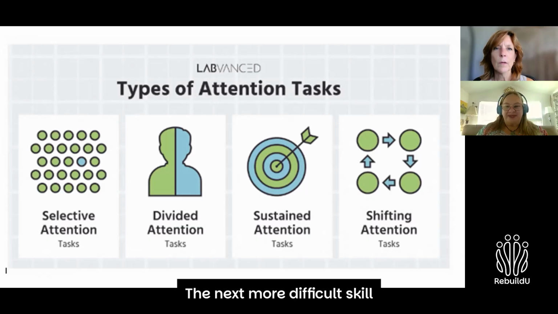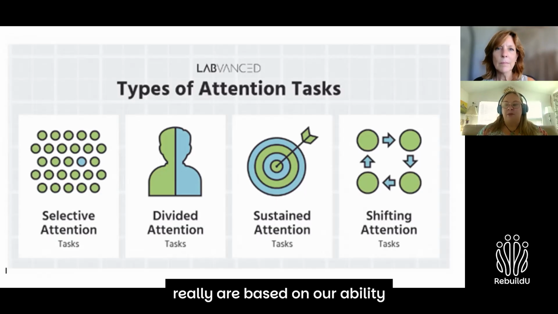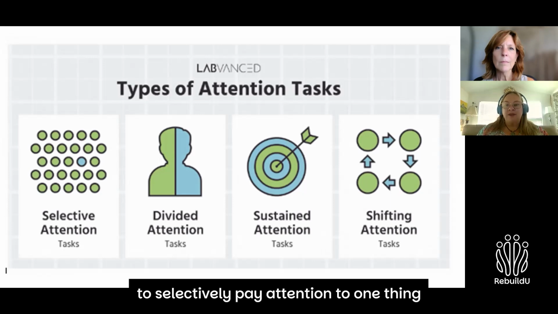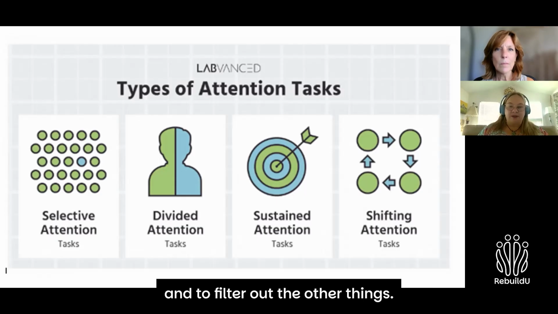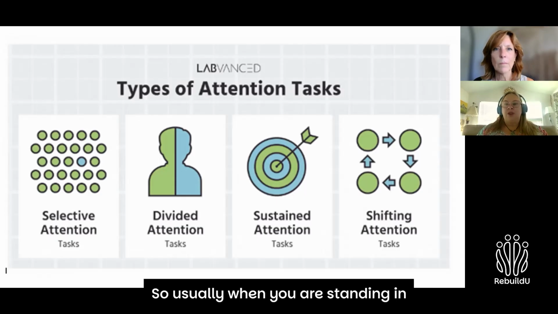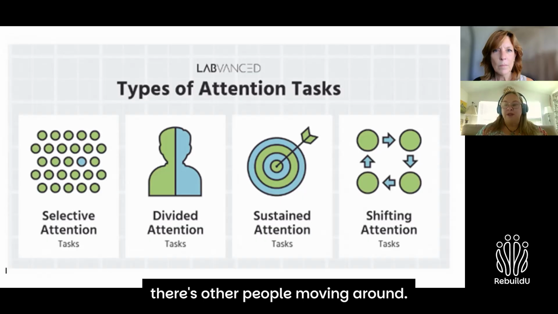The next more difficult skill is selective attention, and our whole lives really are based on our ability to selectively pay attention to one thing and to filter out the other things. So usually when you are standing in your home, if you live with other people, there's other people moving around.